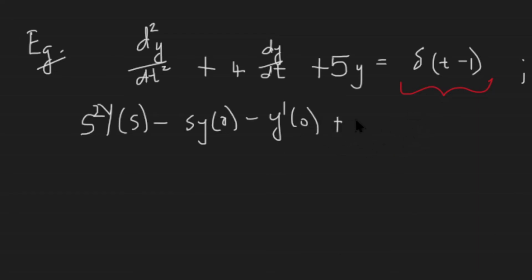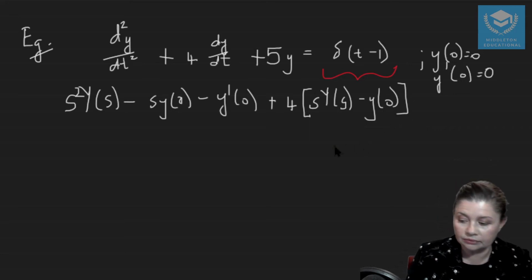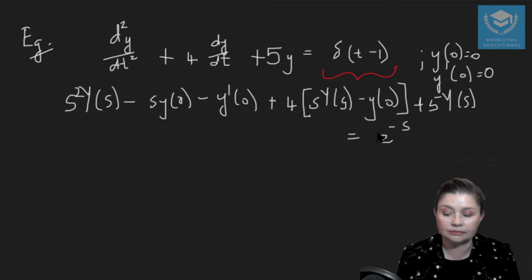Then the Laplace transform of the first derivative is going to be s Y of s minus y at 0, plus 5 times the transform. And that is going to be equal to, here you have the Dirac delta, so that is going to be e to the minus s.